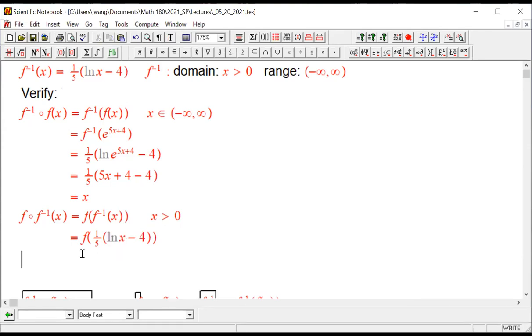And next, what is F? F is the e to the power of something, right? E to the power of some stuff. E to the power of 5x plus 4, right?